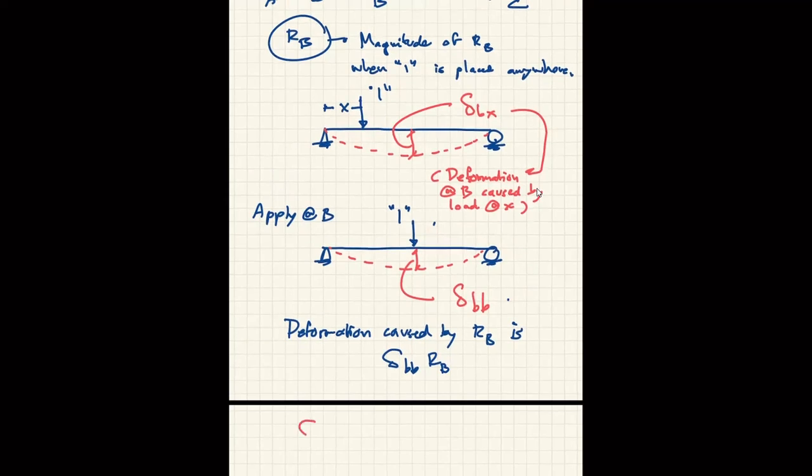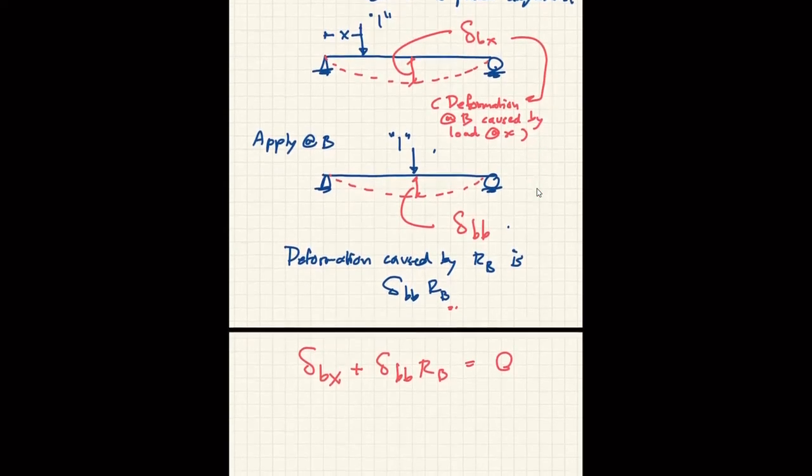Delta Bx, which is the deformation here at B, plus deformation at B caused by that reaction, right? So it's delta BB RB equal to 0. So this is the whole form of the force method.